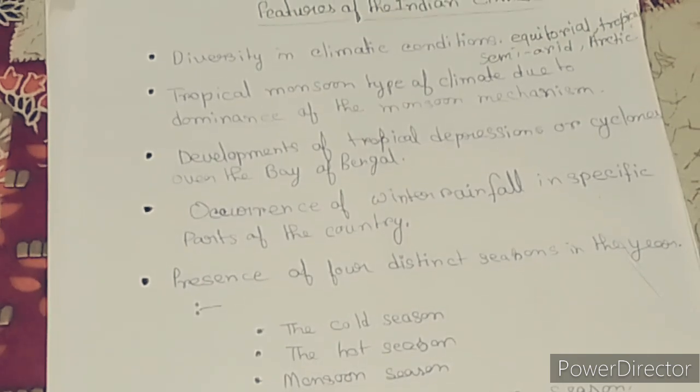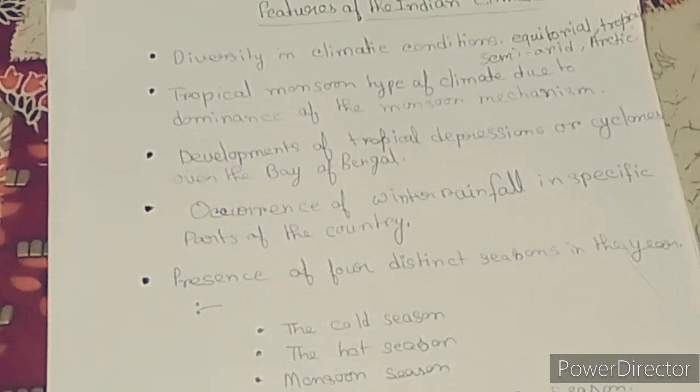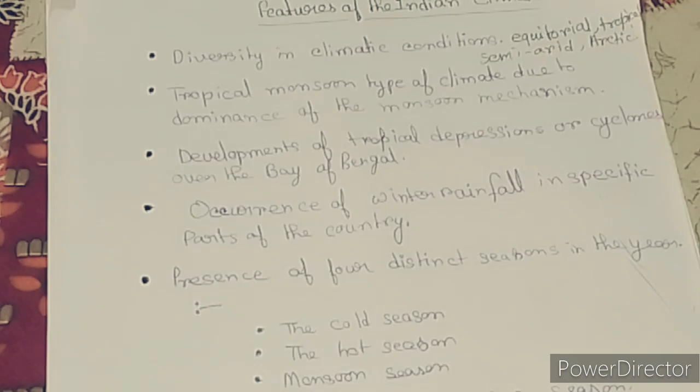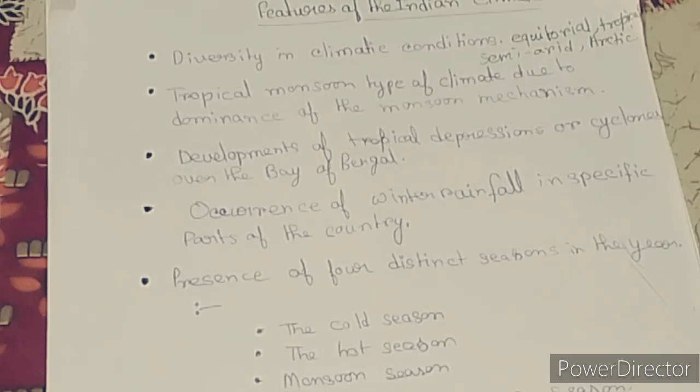So when the monsoon ends, heavy rainfall takes place in the Bay of Bengal and Andaman Sea, which forms a cyclone that brings heavy rainfall.